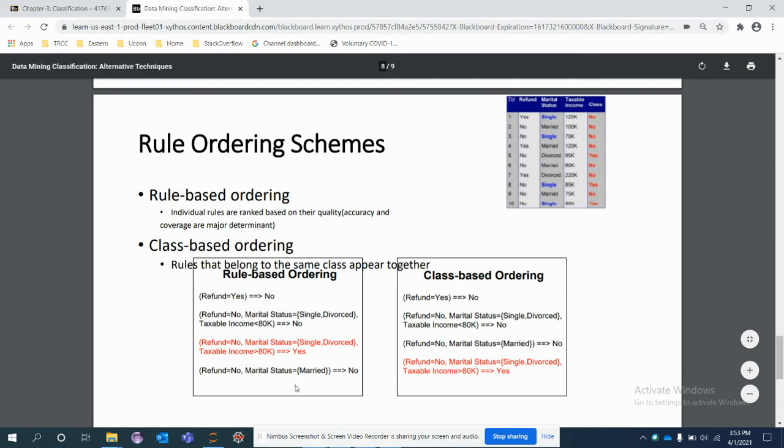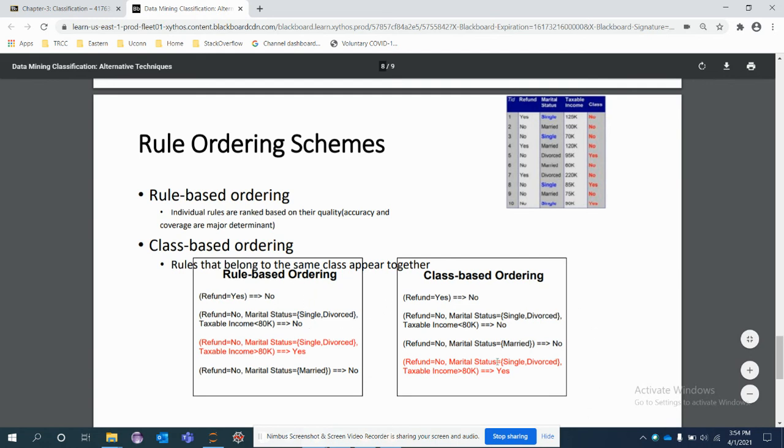So in rule based ordering, the rules are ordered and ranked based on their quality, accuracy and coverage. You can also calculate it; I have provided the formula in the previous slides. For each rule, try to calculate the accuracy and the coverage.